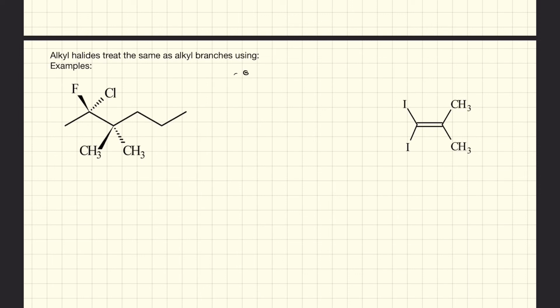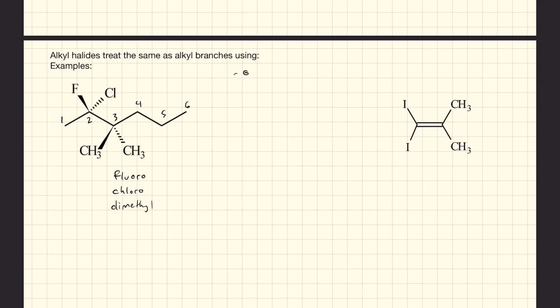Okay, so if I'm going to name this one, this is a hexane, and the numbering that gives me the lowest branching is this, okay, which means that I've got a fluoro group, I've got a chloro group, and I've got dimethyl.